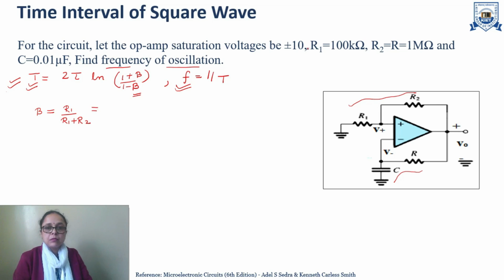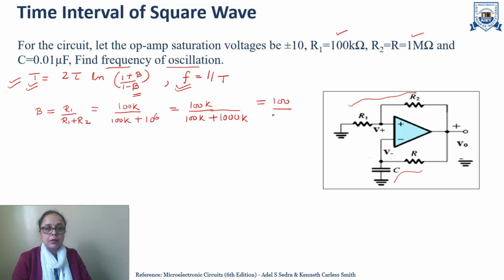And if we see the problem, the value of R1 is 100 kilo ohm and the value of R2 is 1 mega ohm, that is 10 to the power 6 ohm, or it can be written as 1000 K. So, we will get 100 divided by 1100, and the value of beta will be 0.09. This was the first parameter.